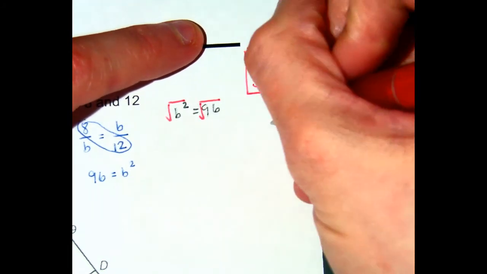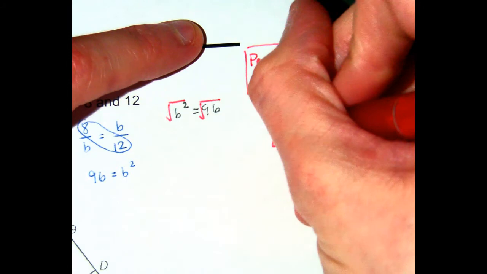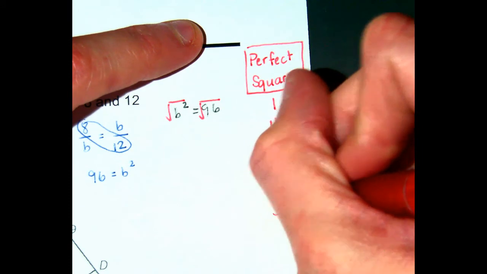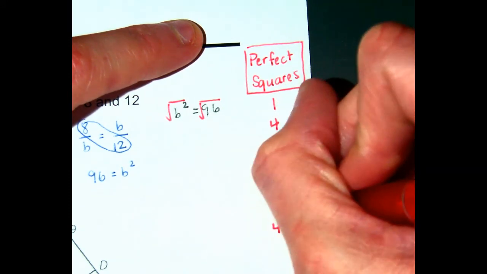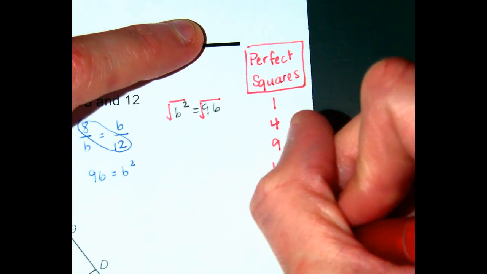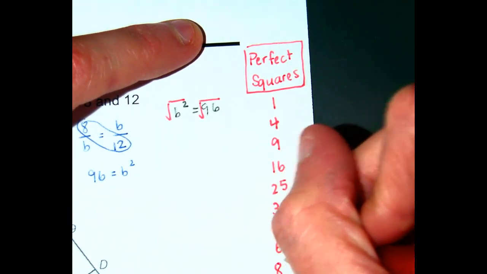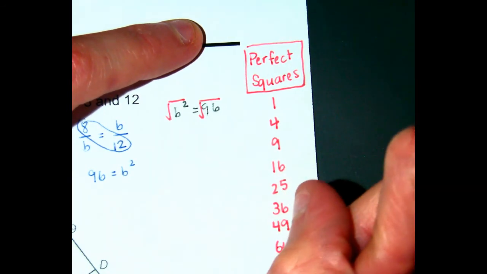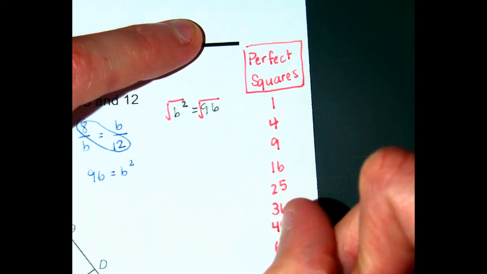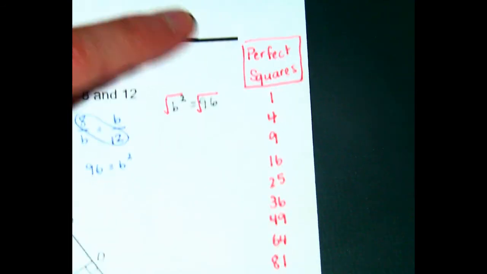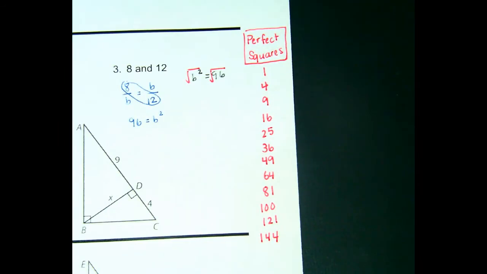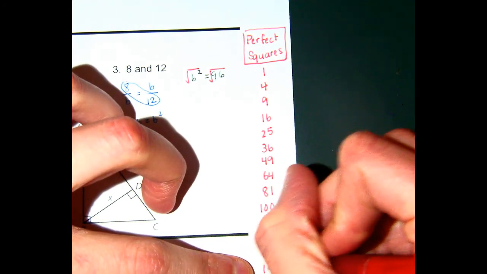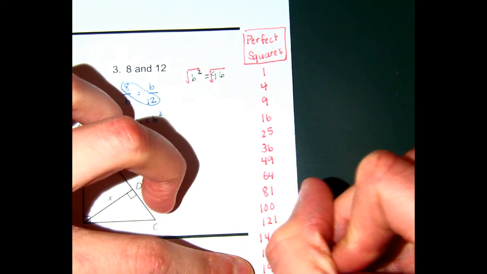What is 2 squared? 3 squared? 4 squared? 5 squared? 64, 81, 100, 121. We're going to go to 15. 144. So there's 12. 13 squared. 14 squared. And 15 is 225. We're going to stop there.